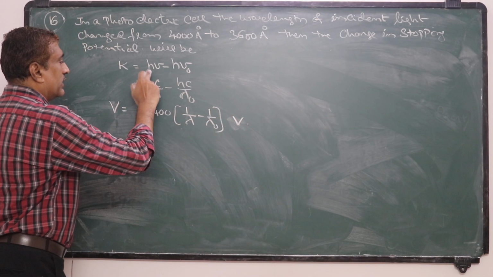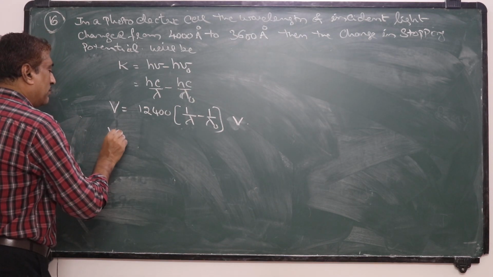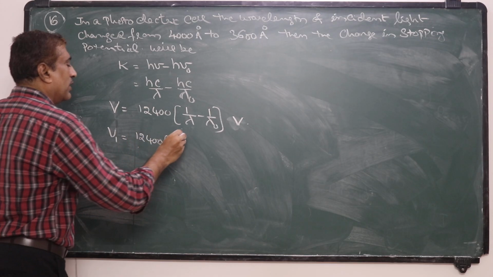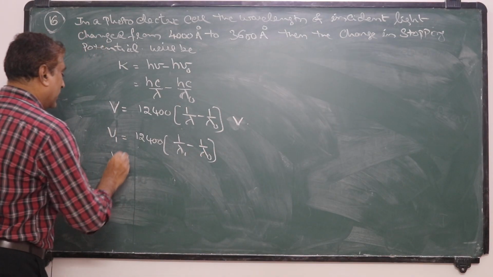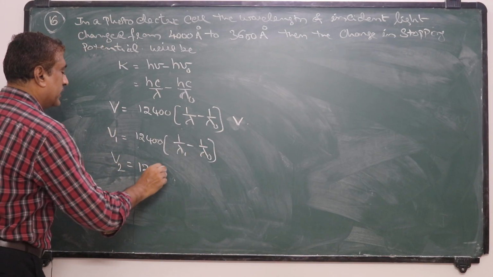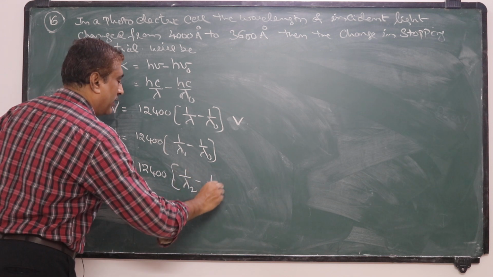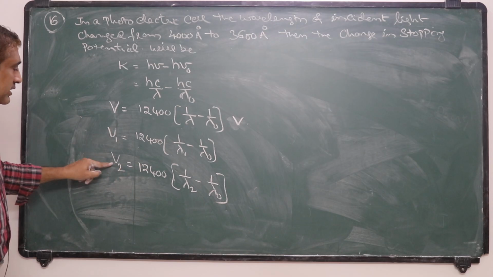Now in the first case lambda 1, in the second case lambda 2. So we can write the stopping potential V1 equal to 12400 into 1 by lambda 1 minus 1 by lambda 0. Similarly for V2, when it changes from lambda 1 to lambda 2, we can write the same equation with 1 by lambda 2 minus 1 by lambda 0. Now we have to calculate the change in stopping potential.